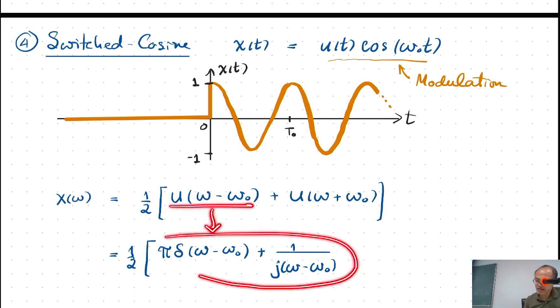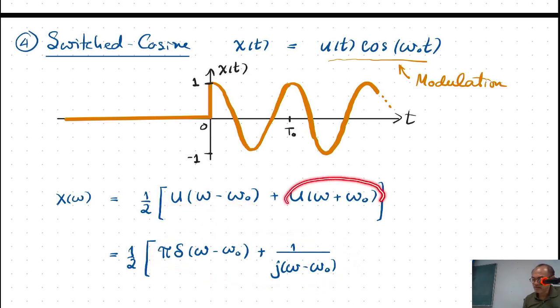The whole thing here is the spectrum of u replacing omega with omega minus omega 0. And we have to do the same for the other one, but this time we have to replace it with omega plus omega 0.